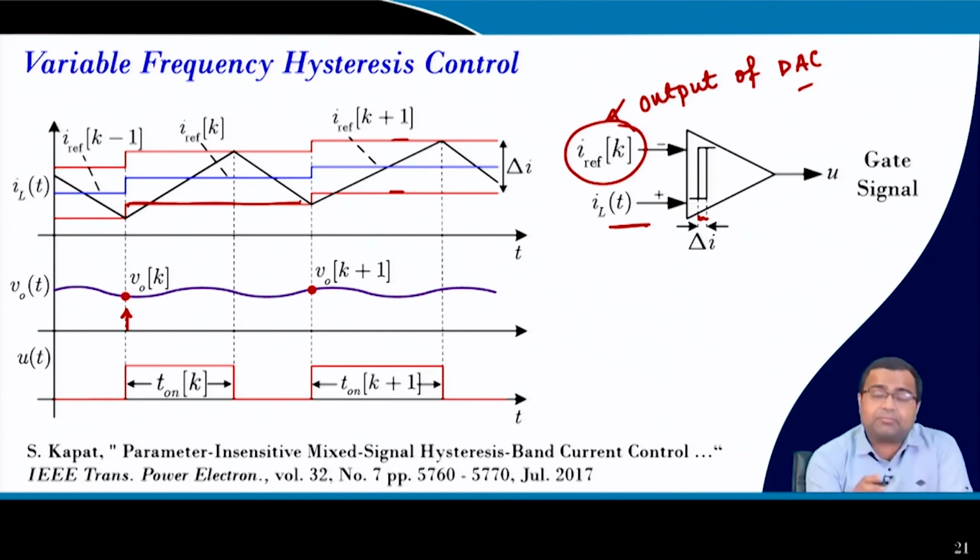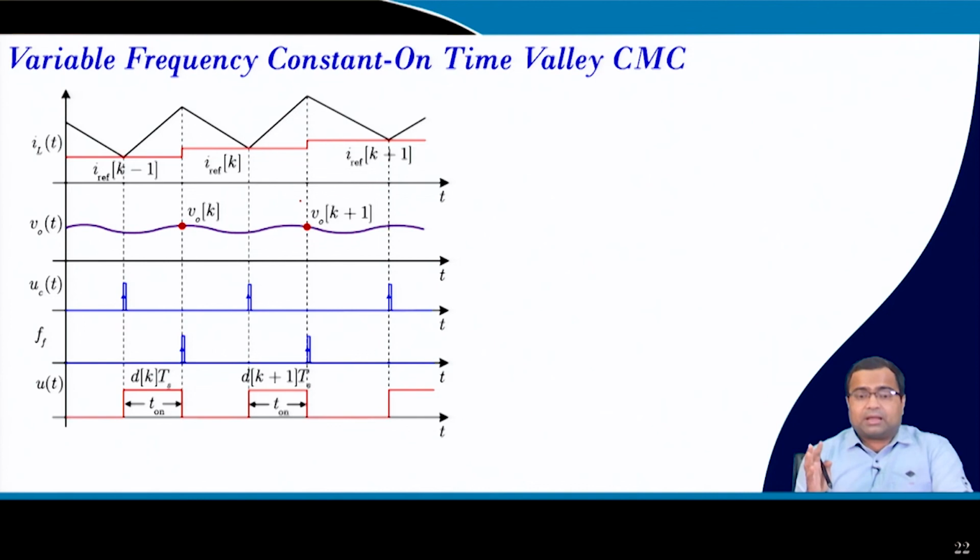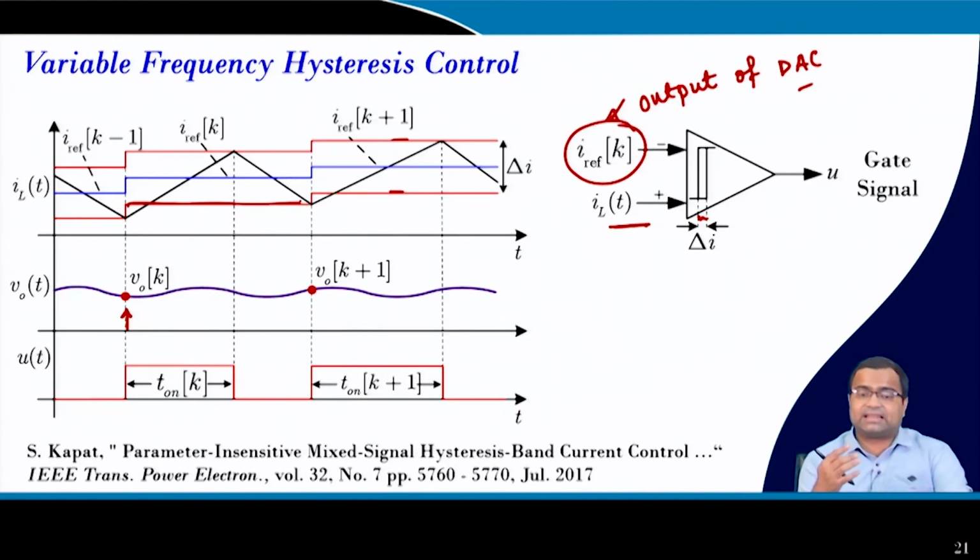But here, by means of one sample per cycle, you can make them equal, okay, and you can make it stable. And if you go to variable frequency constant on time control, in the next lecture we will show the experimental waveform that it remains the same.